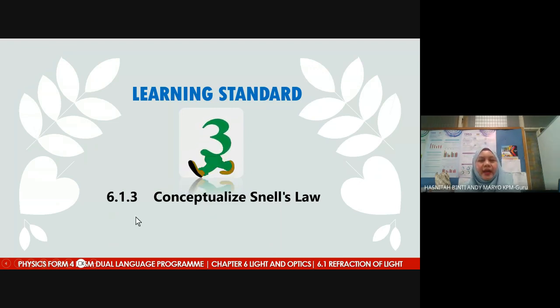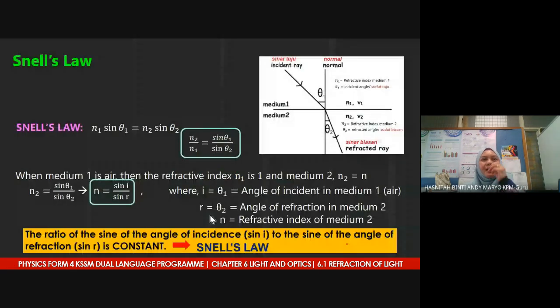Okay, next, this is the continuation from refractive index to conceptualize Snell's law. Snell's law, S-N-E-L-L apostrophe S. When you write this law, please make sure you spell it correctly. This is the diagram related to this discussion.